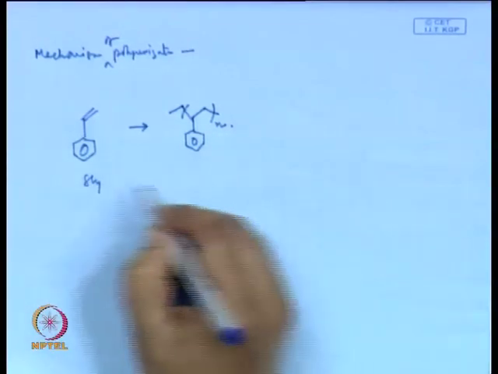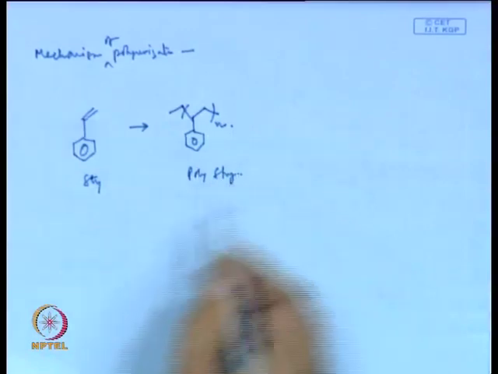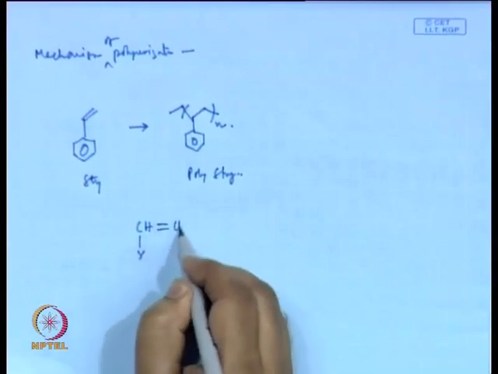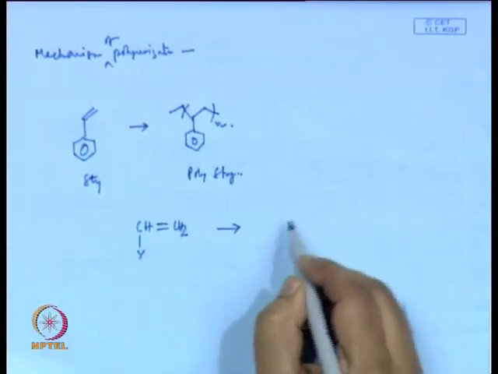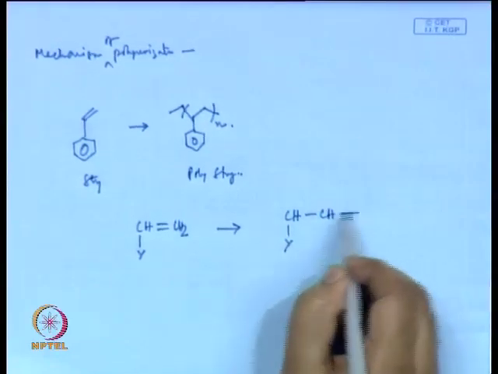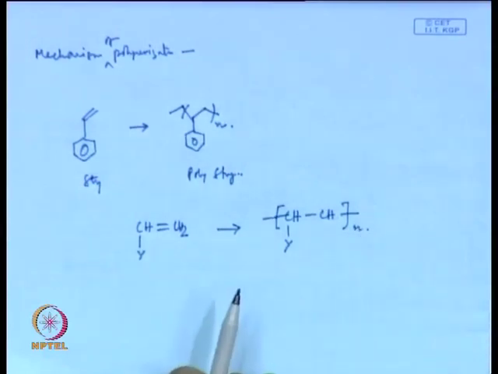You get polystyrene. I can write a general structure like this: CHY, CH2, gives a polymer. Now, how do you think that these polymers are formed?